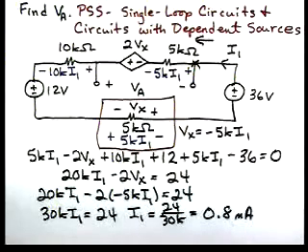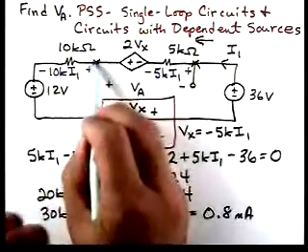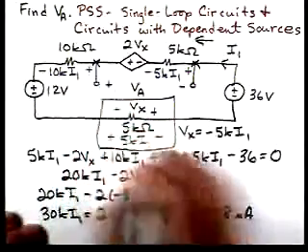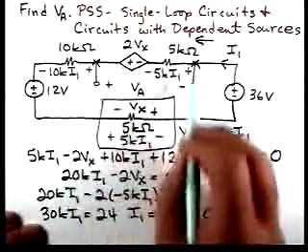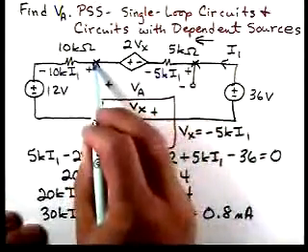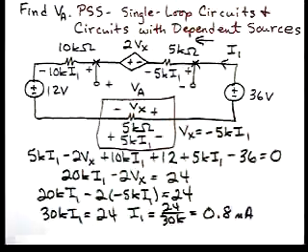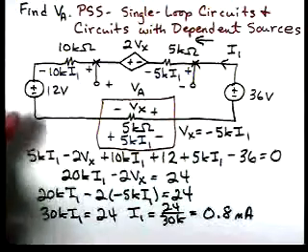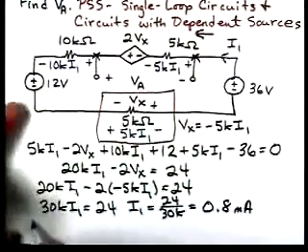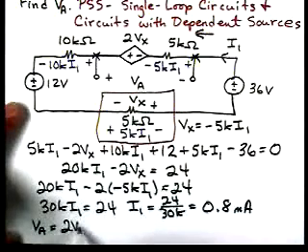Now this doesn't allow us to solve for VA yet. If we look at our circuit diagram and do KVL around this loop, going from here all the way around to here and then back through to here, VA turns out to be 2Vx minus 5K I1.